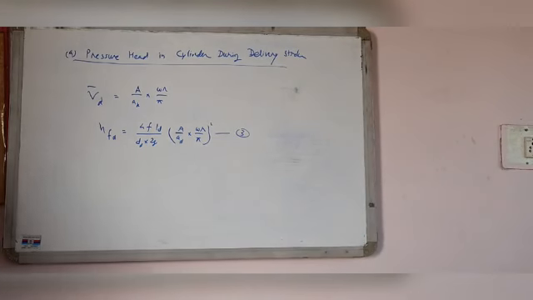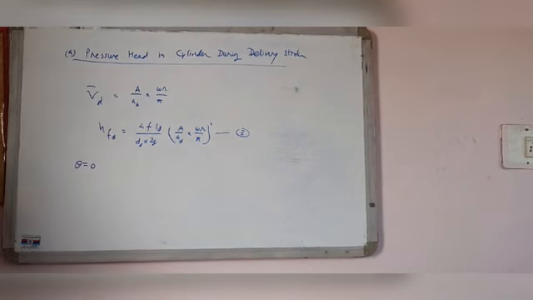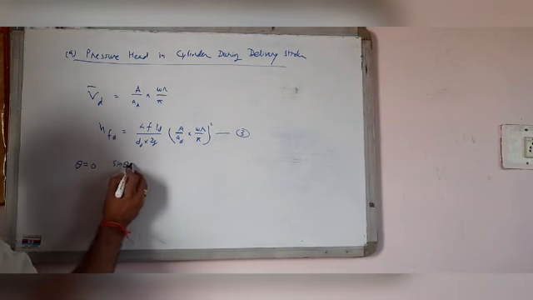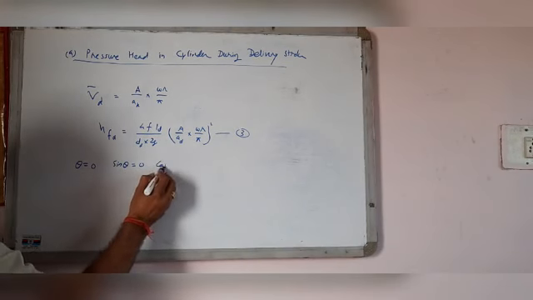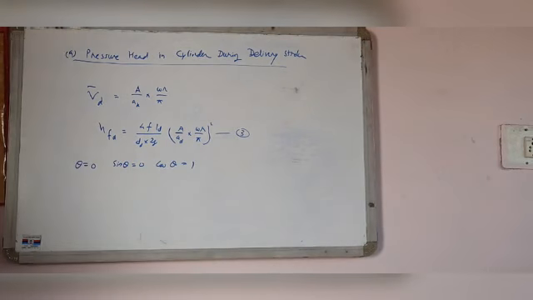The pressure in cylinder during delivery stroke is given at the beginning of delivery stroke. At the beginning, theta equal to 0, so sin theta equal to 0 and cos theta equal to 1.